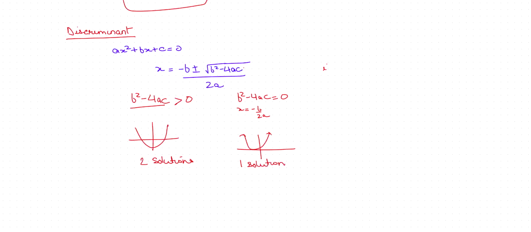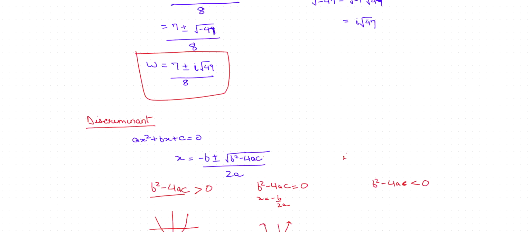And when it is less than 0, that basically means what we had here. b² - 4ac here was negative 47, so it was less than 0.